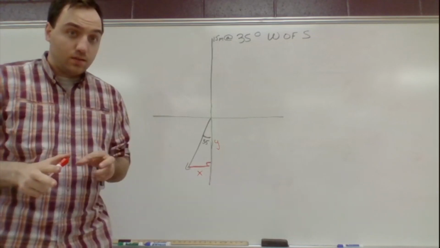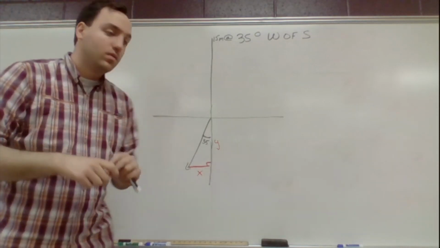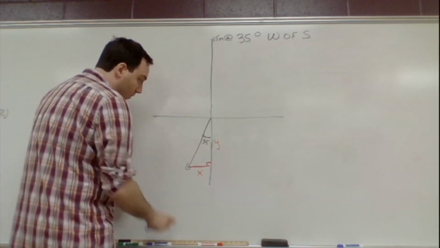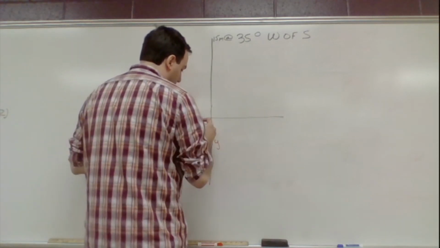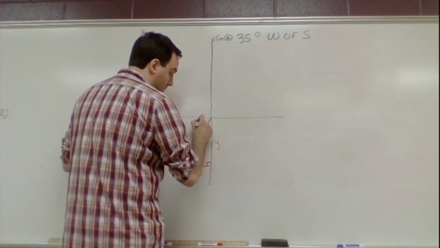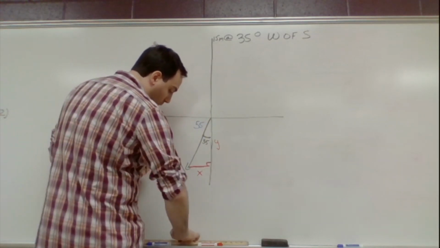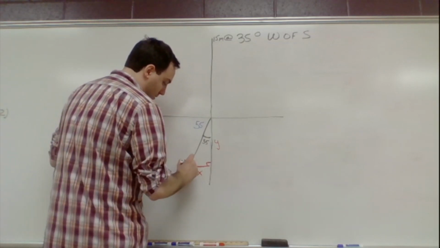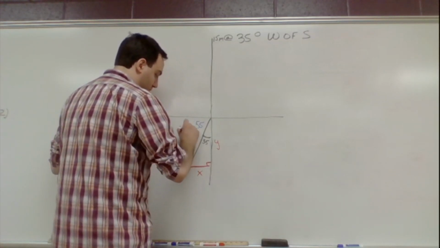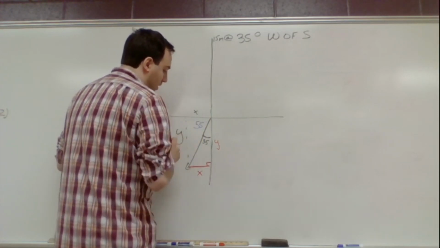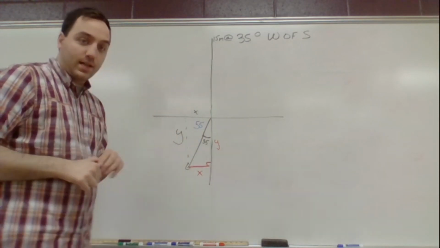Alternatively, and this works just as well, you can go, well, this is a 35-degree angle, which means that this one has to be a 55-degree angle, and then you can always trace to the x-axis. Either way will give you your answer.